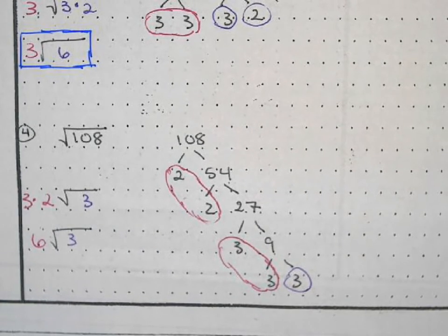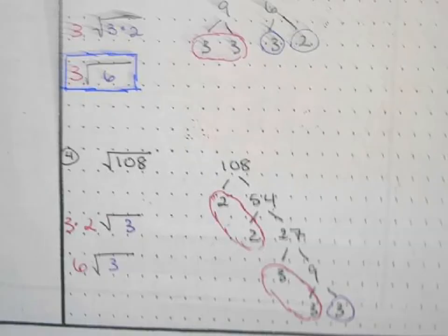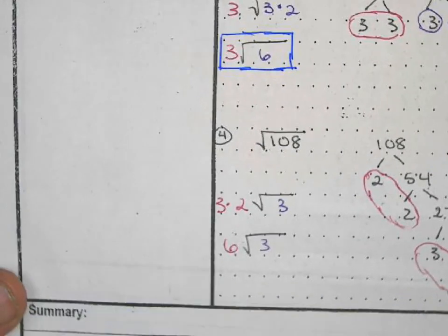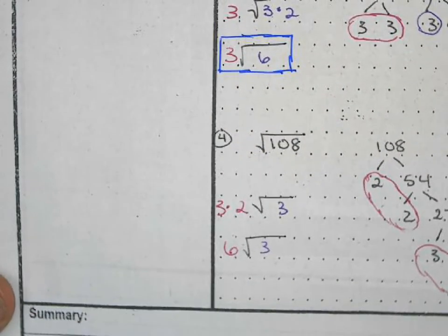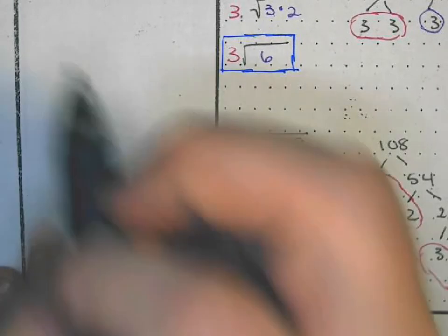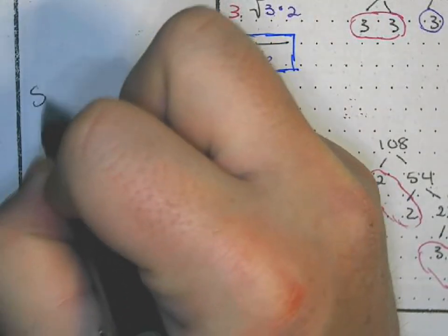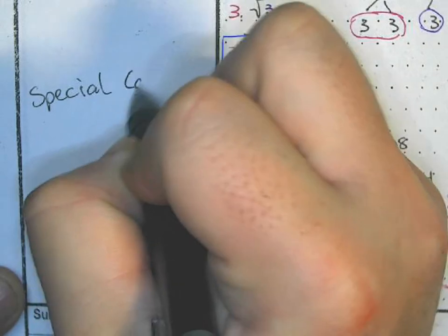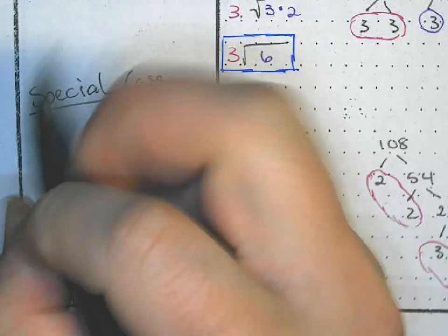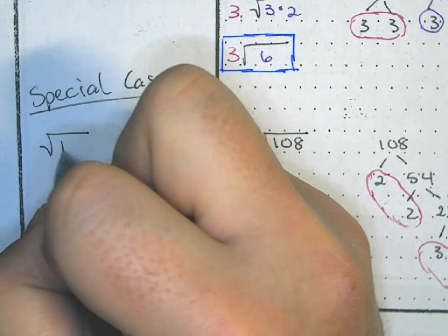I do want to make a note that sometimes you just can't take square roots of numbers. This is like a special case. Say we're looking at the square root of 19.